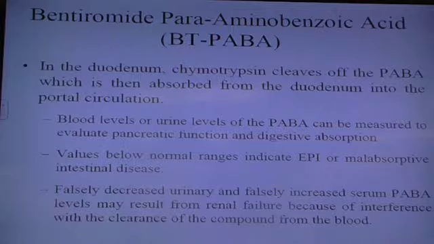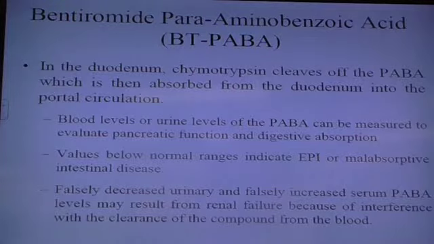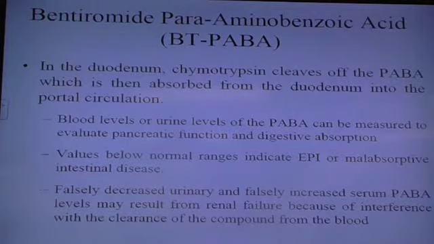PABA is readily absorbed into the blood. So you can then measure urine levels or blood levels of PABA. If the urine levels are high, that tells you the stuff got absorbed. If your serum levels are high, that tells you the stuff got absorbed. So what does that tell you the pancreas had to have been able to do in order to absorb that PABA? It had to produce the chymotrypsinogen.